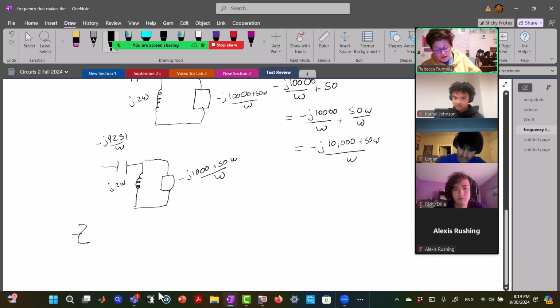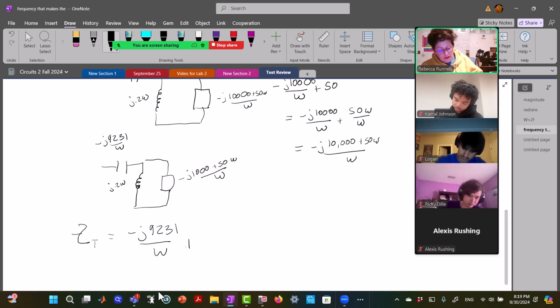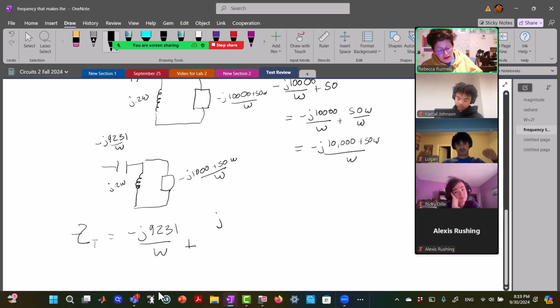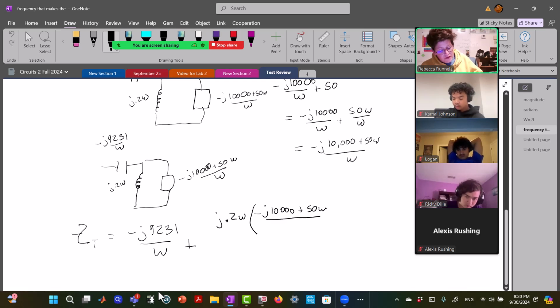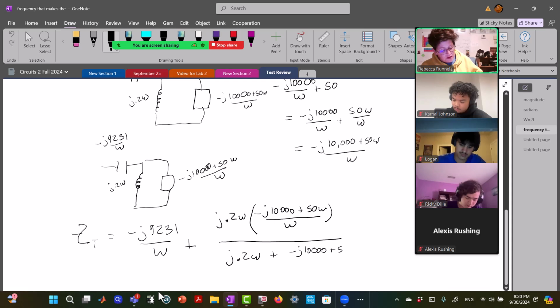So my total impedance is minus j 9231 over omega plus, and then this will be product over sum, so plus j 0.2 omega times minus j 10,000 plus 50 omega over omega, over j 0.2 omega plus minus j 10,000 plus 50 omega over omega.